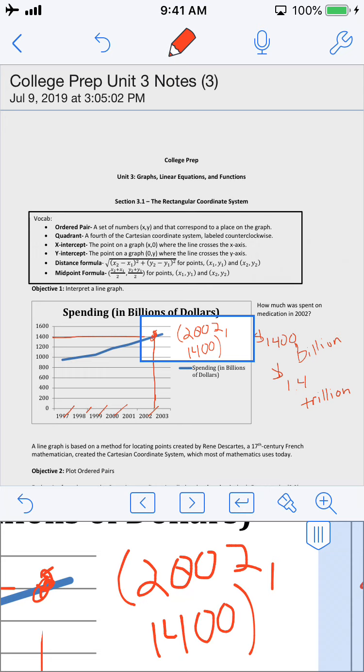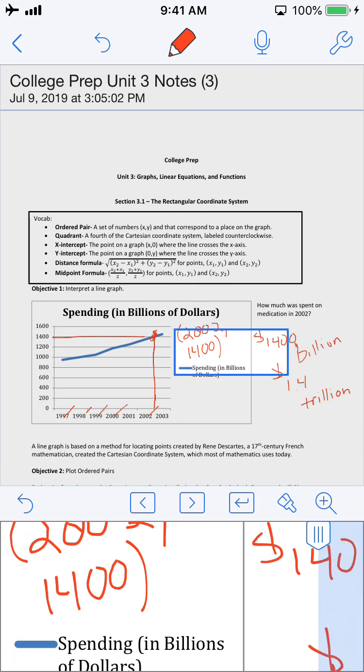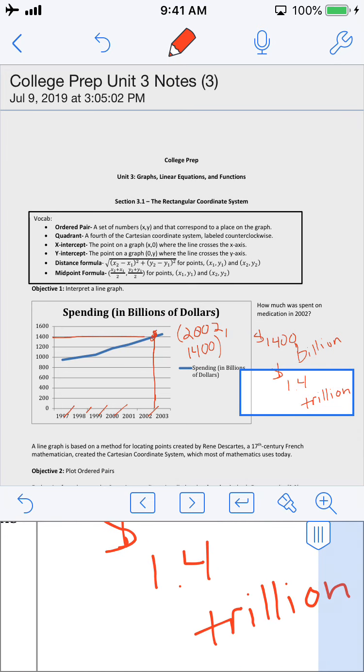It is the same amount of work as learning Spanish, Japanese, or German. You have to be able to realize that they're two different things. So this point I have right here, 2002, 1400, is very different from saying in 2002 we had $1.4 trillion spent on medication. That's a really big distinction we want to make.